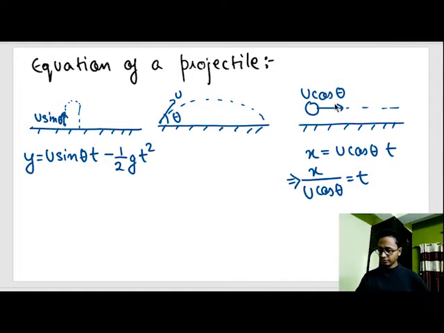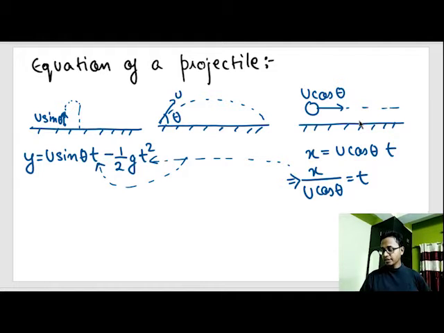Now, the time in the vertical component and the horizontal component is synchronized. That means when the particle is here in the original projectile, in the horizontal component the particle will be here. So when they are synchronized, we can substitute this time in this t and in this t. So let's substitute t by x by u cos theta.